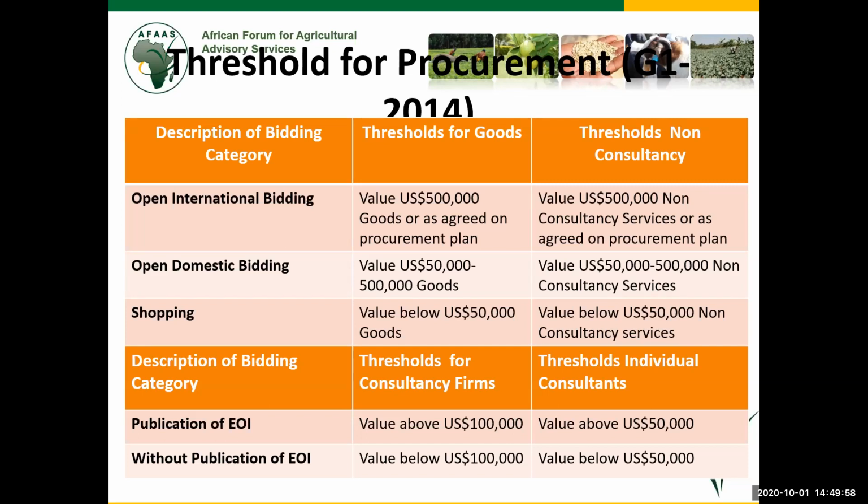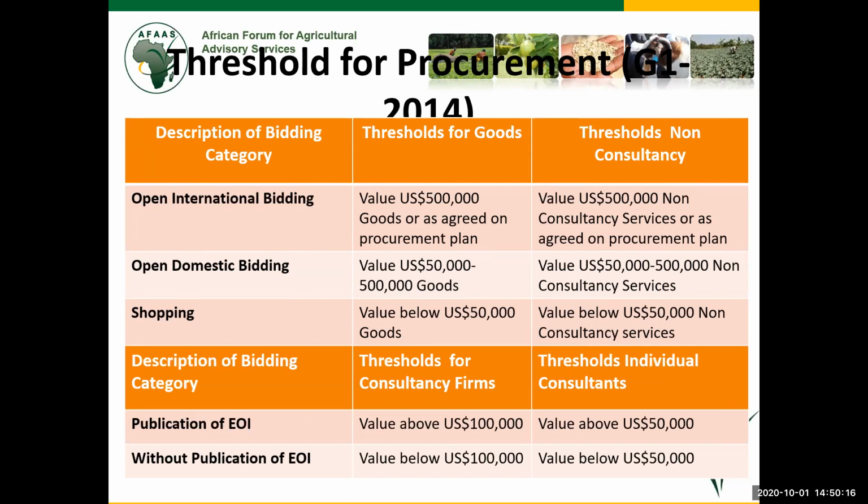You see they are all linked. When our manual was being developed, it was developed on the premise that World Bank was the funder. So it was made in such a way that it would satisfy the requirements of the funder. Now, IFAD is almost similar.